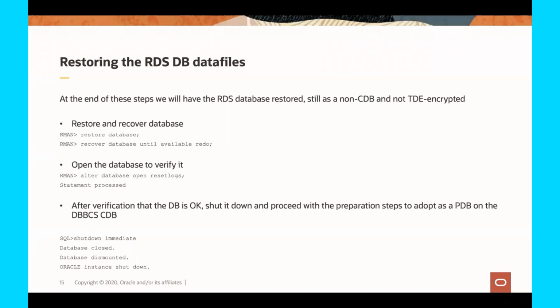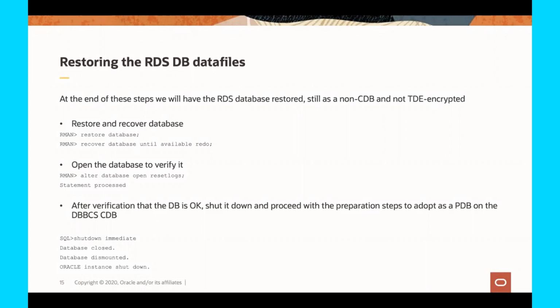At this point, we can just go ahead and restore database. Do restore database, recover database until available redo, and that will restore all the data files and recover the data files on our DBCS instance, still in the same location they were, still as a non-CDB, just as a standalone non-CDB instance. And obviously, they're not TDE encrypted. They were not TDE encrypted originally, so they're still not TDE encrypted.